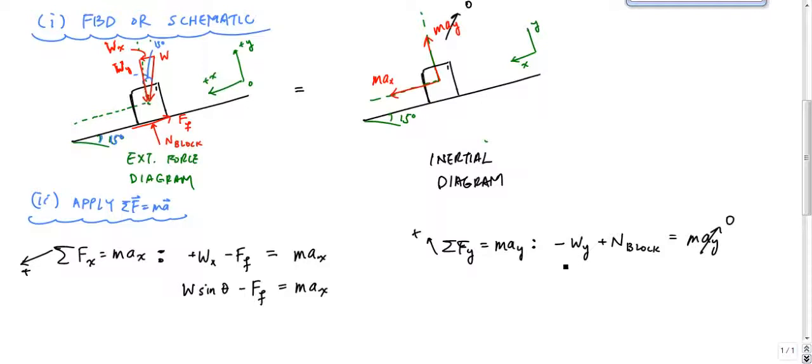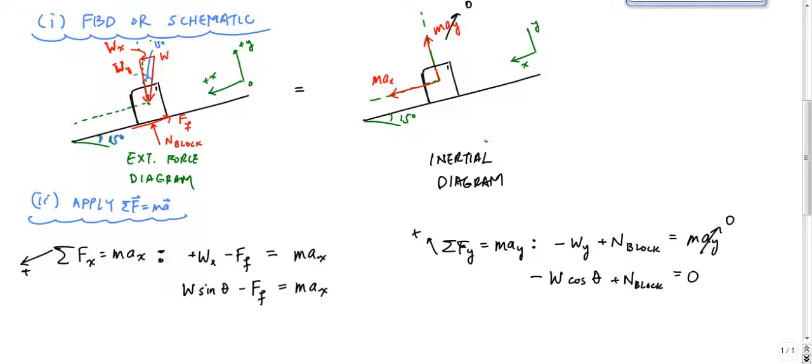Again, I wouldn't normally write Wy; this would be minus W cosine theta, where theta is 15 degrees, plus N block is equal to 0. So that's good news.